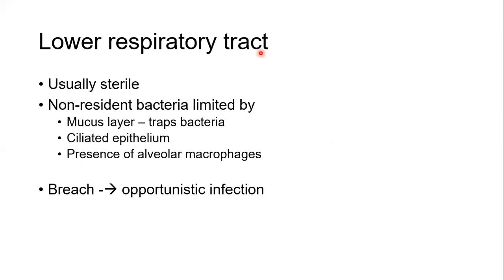There's also the ciliated epithelia, which is able to brush out or wash out any bacteria that settles there, and the presence of the alveolar macrophages, which you're going to get more details of in immunology. The alveolar macrophages would be able to take up or phagocytose any of the bacteria, and through various mechanisms be able to kill them.